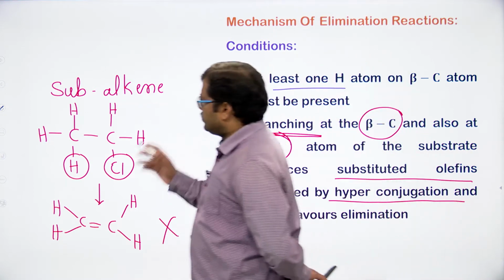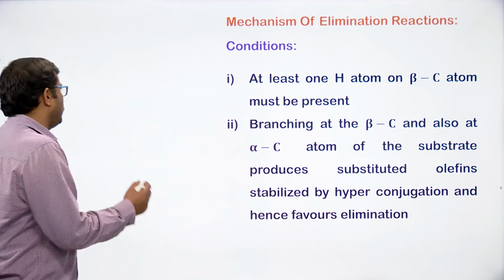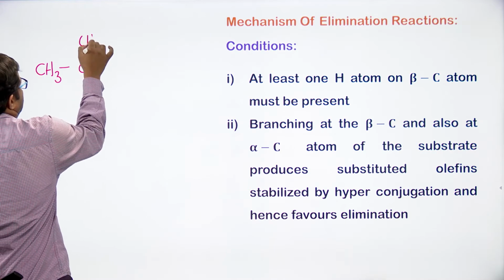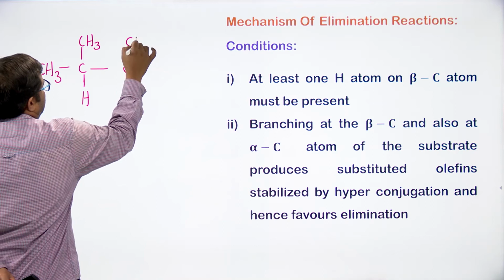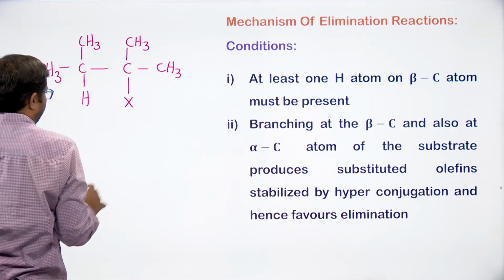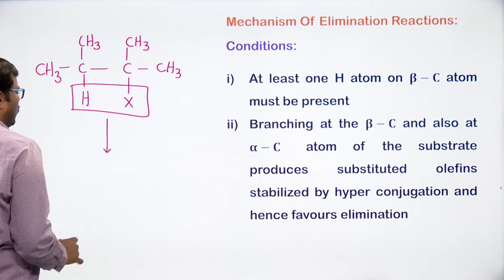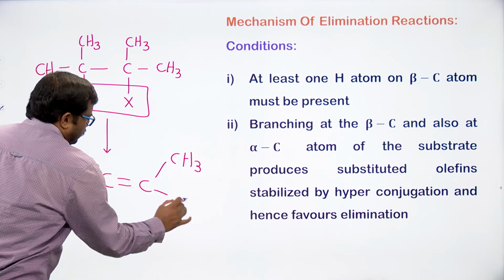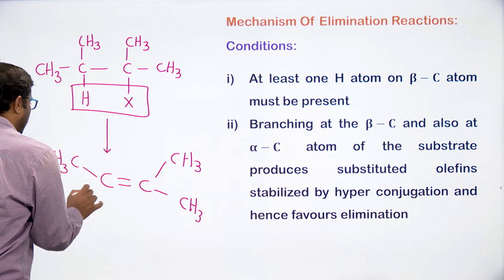But if the same reaction is carried out using a substituted compound like CH3, hydrogen, CH3, halogen, and we remove this HX, automatically what we get is the substituted alkene, which is going to have hyperconjugative structures.